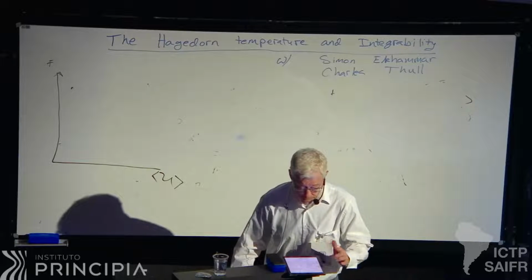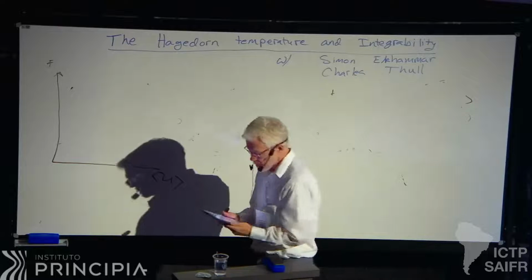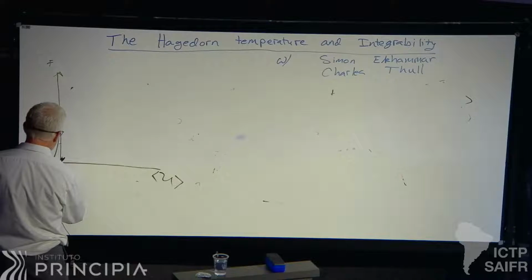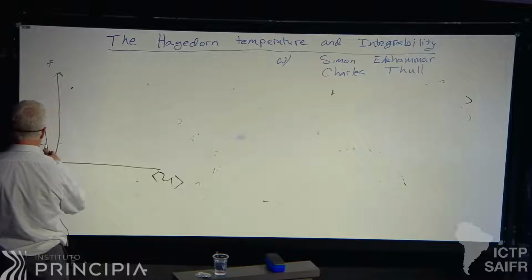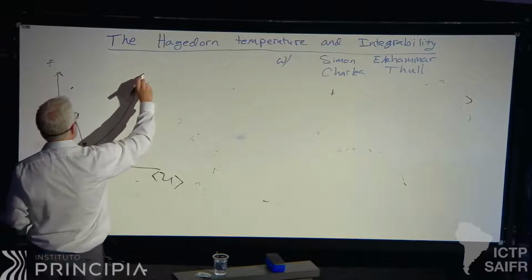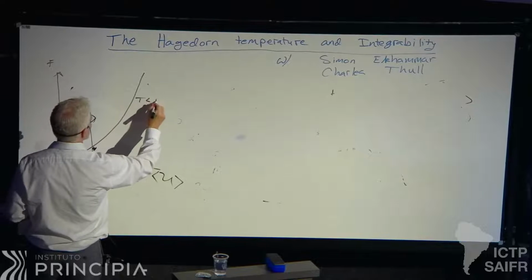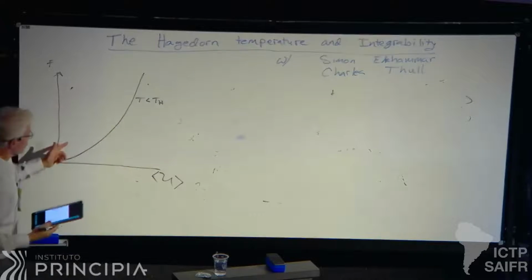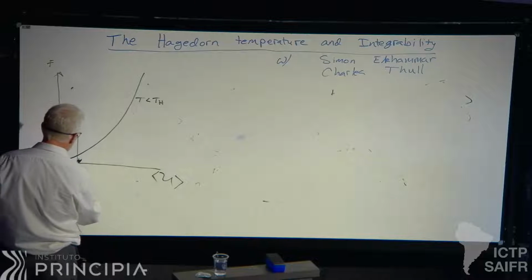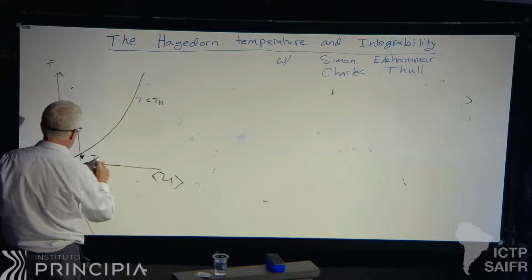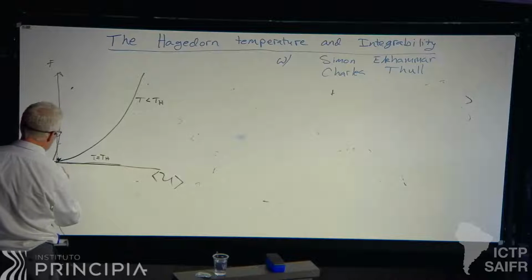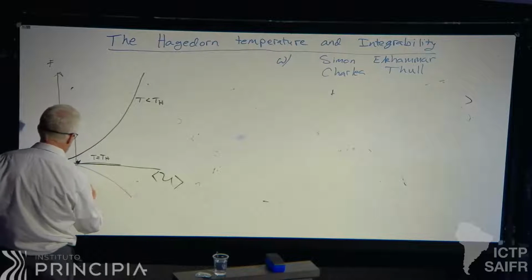What you find is that for T less than T_H, the free energy sort of looks like this in this case. T equals T_H, it looks like this. And T greater than T_H, it looks like that.